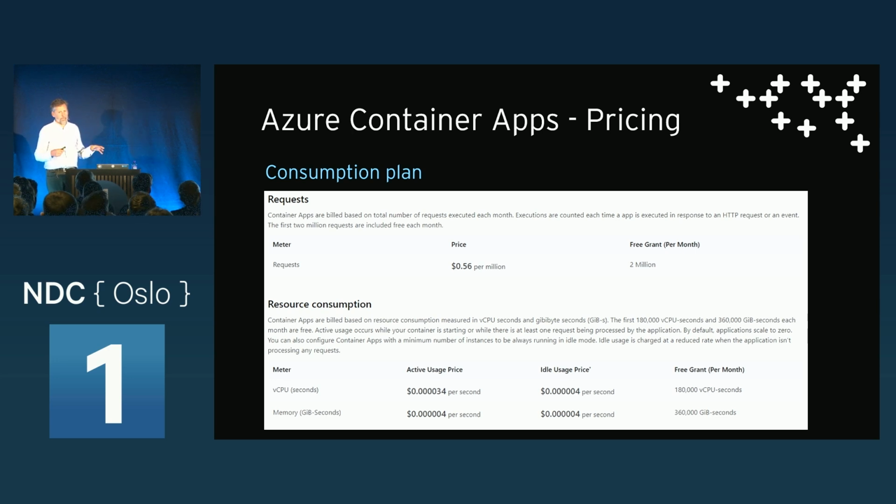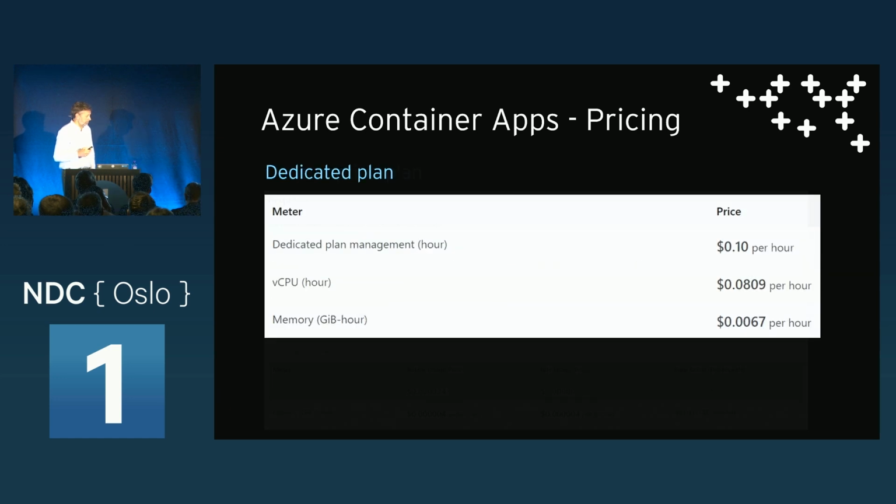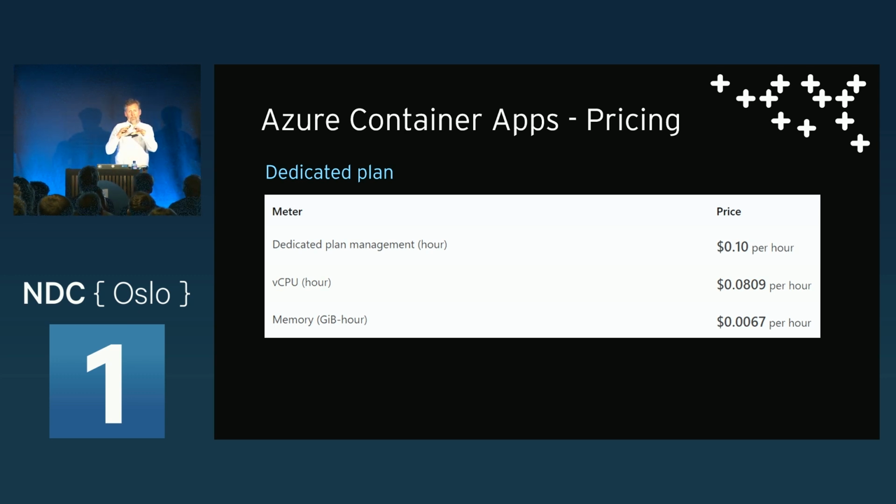So you can do a lot of things to save a lot of money here, in particular in the dev test environment, by scaling them down when you're not using them. And if you compare this to running a Kubernetes cluster, this can actually be a lot cheaper, to be honest. Quite recently, they also have, it's still in preview, a dedicated plan, which is maybe more traditional, but this will allow you to have a more isolated environment.